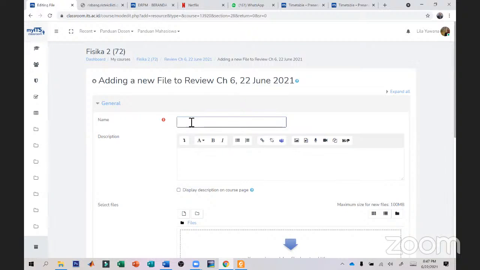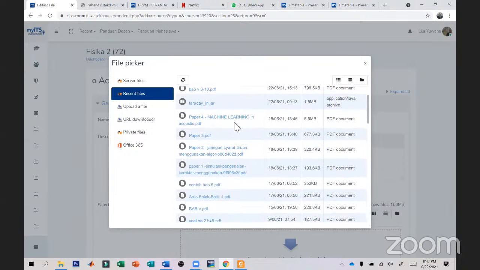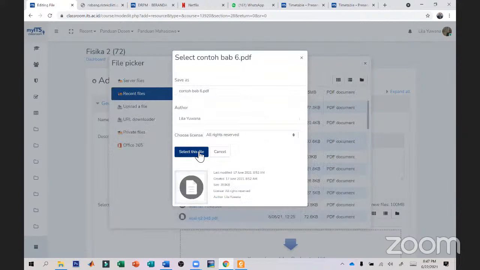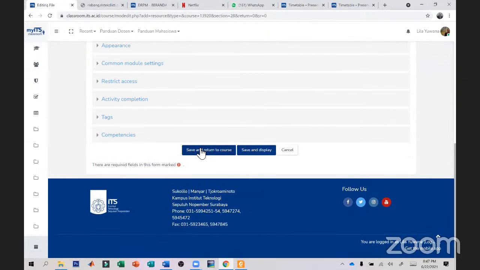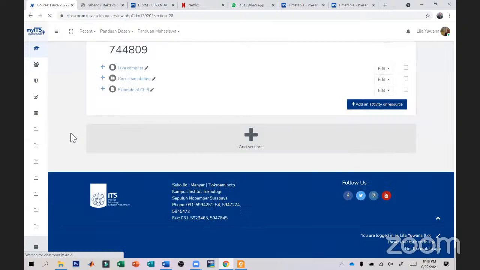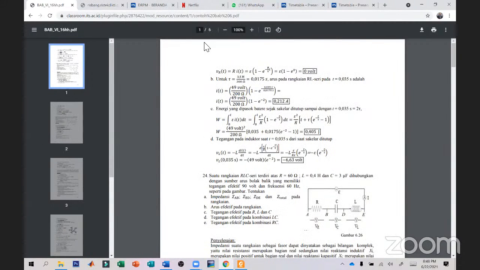Chapter 9, example of chapter 9. And I also put this example in your classroom.